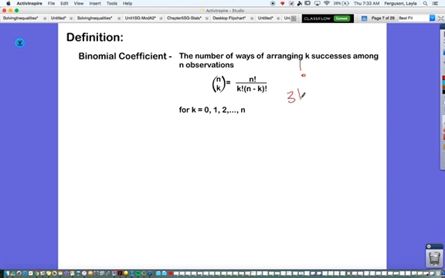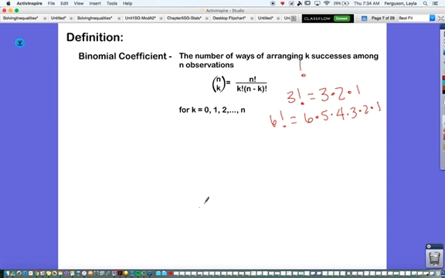If I had 3 factorial, that would mean 3 times 2 times 1. If I had 6 factorial, it would equal 6 times 5 times 4 times 3 times 2 times 1. So you basically start with whatever number they give you, and you multiply every single number all the way down until you get to 1.